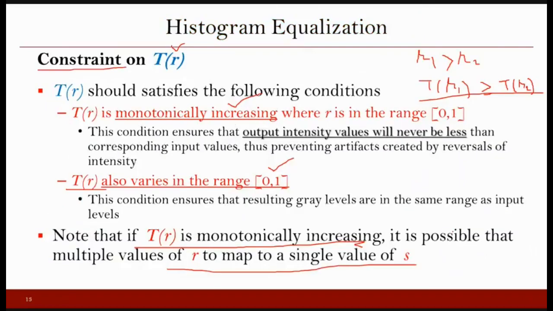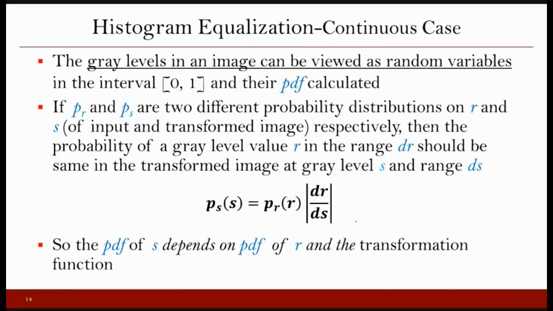So we can say that, let us say this p_r(r) is the probability distribution, or you can say in terms of histogram, let's say p_r(r) gives you the normalized histogram for the input image. Okay, and it is a probability distribution as we discussed at the beginning, because if you sum all the values of p_r, this is going to give 1.